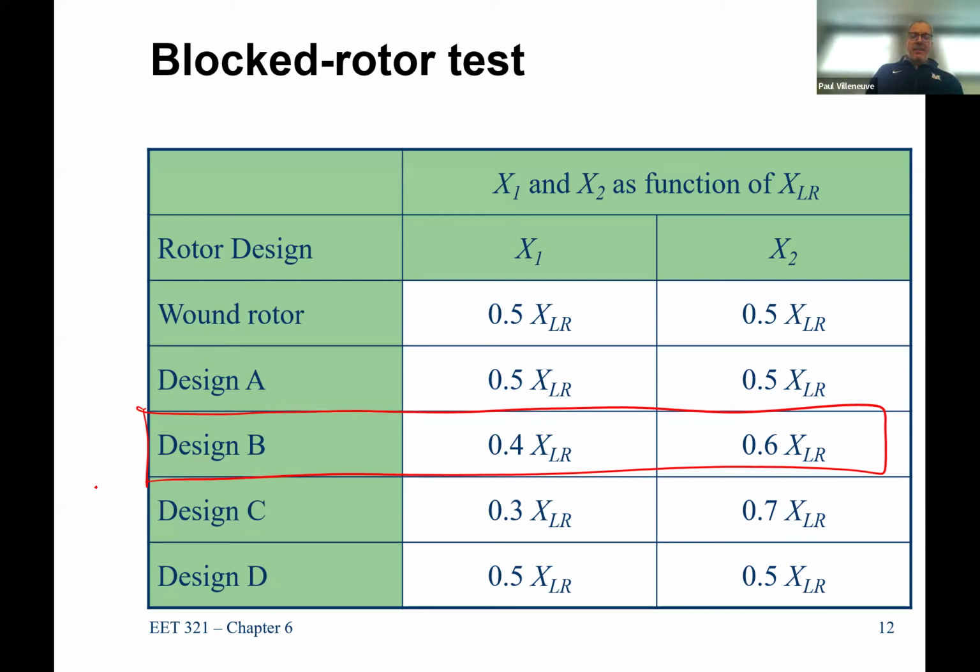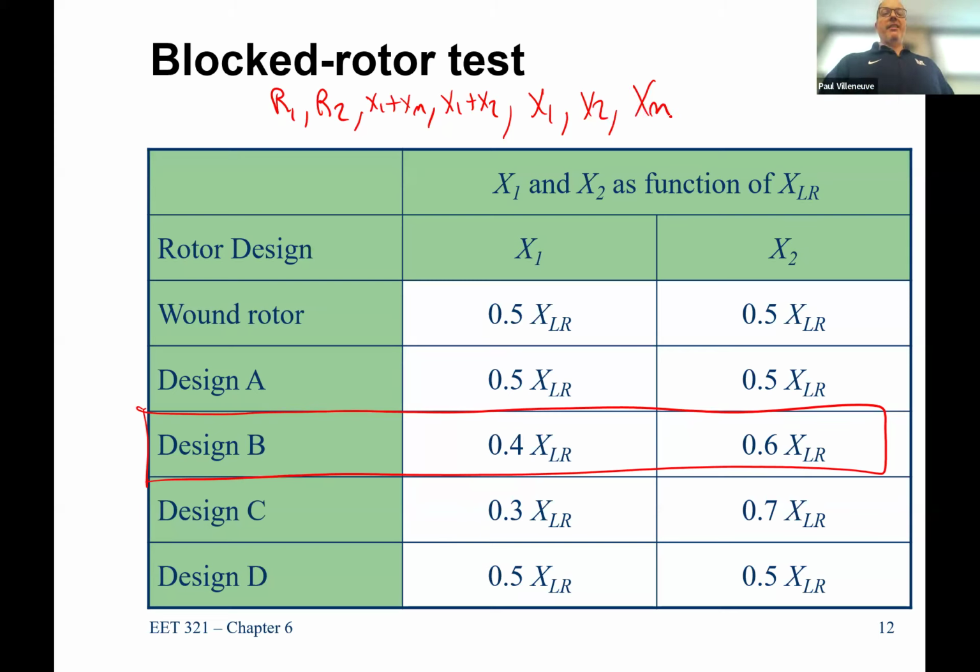Once I have the table, I've got R1, I've got R2, I've got X1 plus XM, and I've got X1 plus X2. Now I can use the table to pull out X1, X2, and once I have X1, then I'm able to calculate XM.